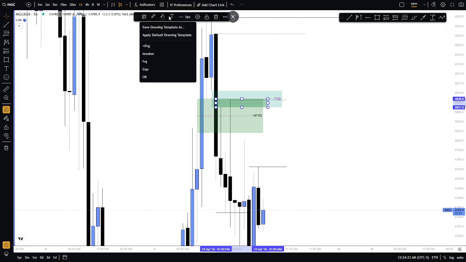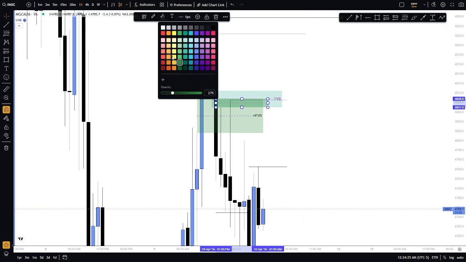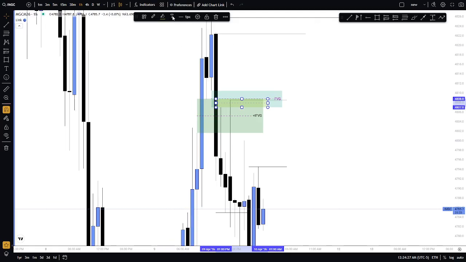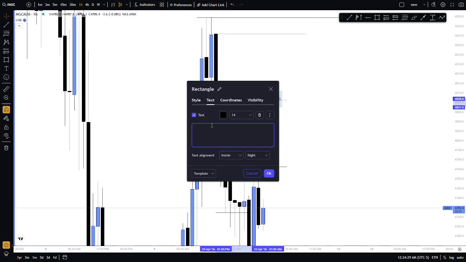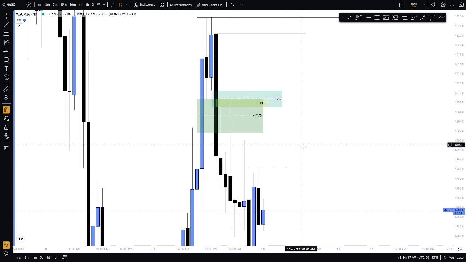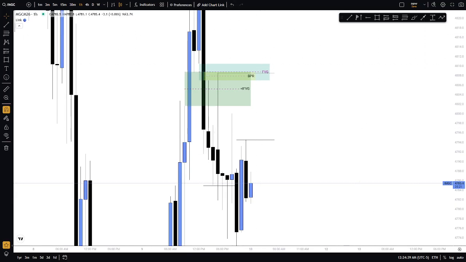So let me just highlight this zone in yellow, text BPR. And this stands for balanced price range for all ICT traders.